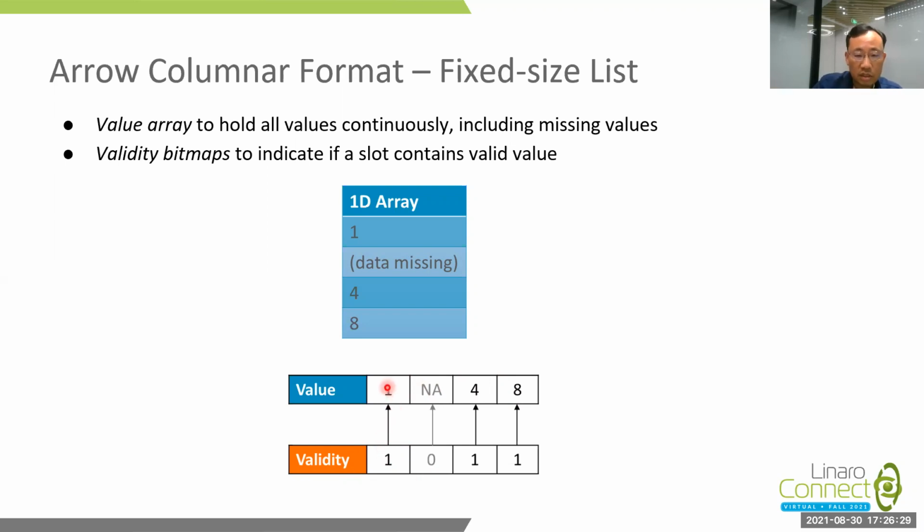If the value slot contains a valid value, the validity bitmap will be 1. If it's not a valid value, data is missing, and the validity bitmap will be 0. We can see this is 0 to indicate the second value is missing. So this is straightforward.